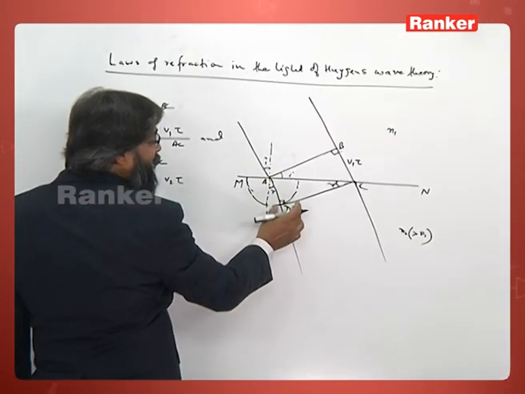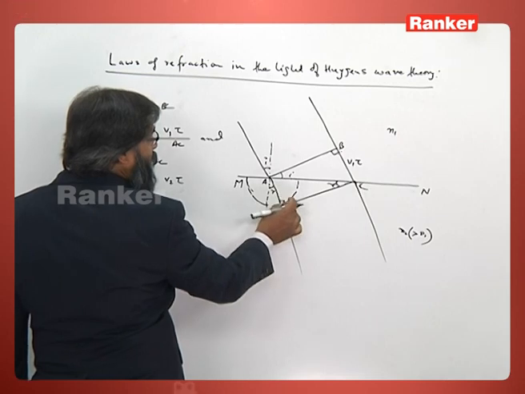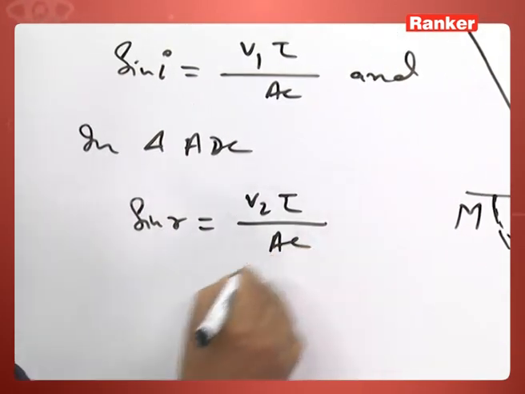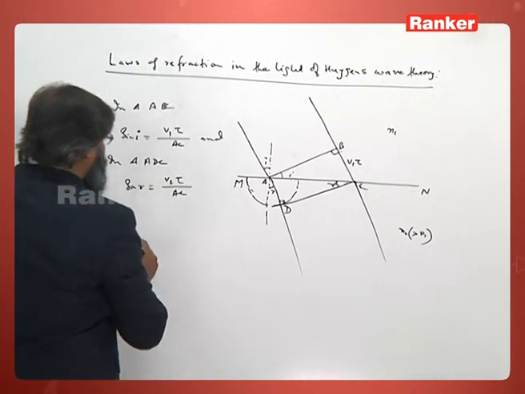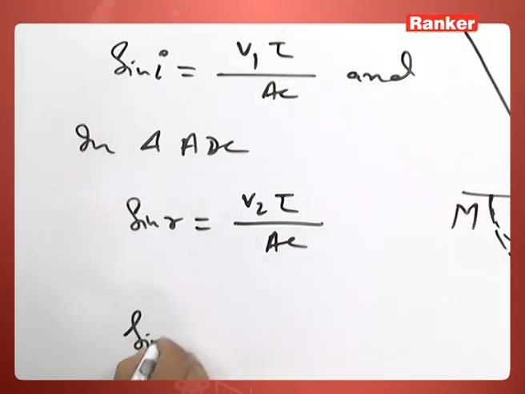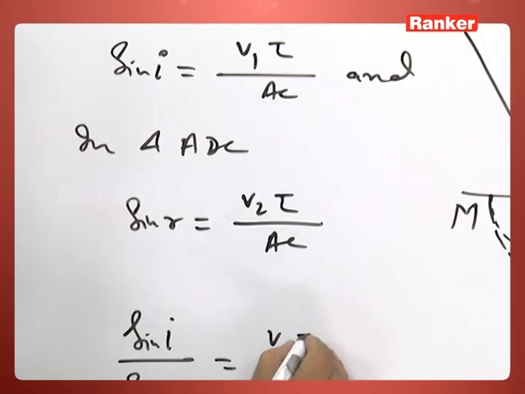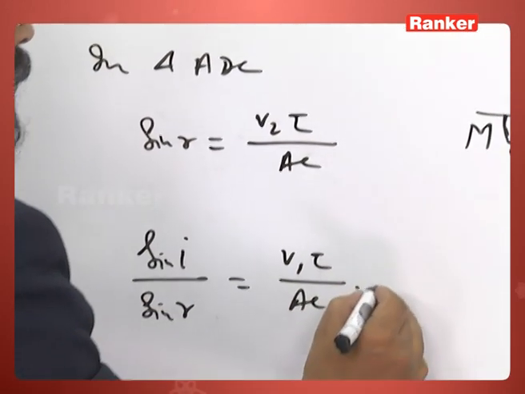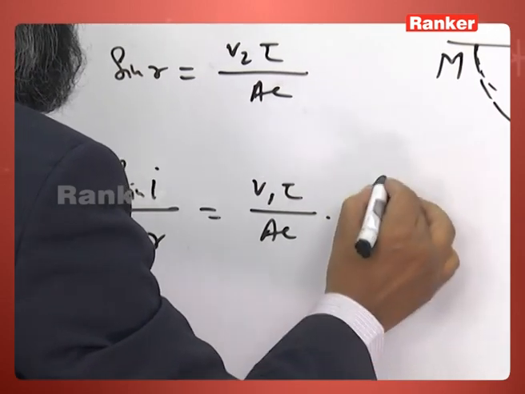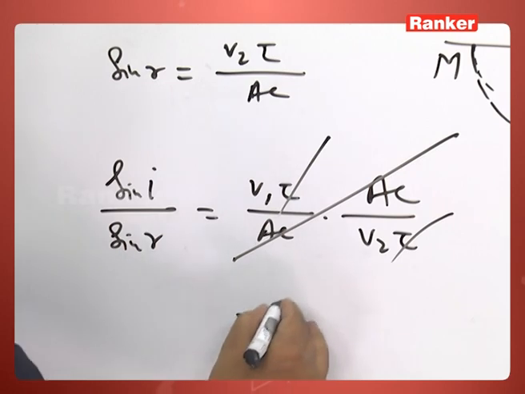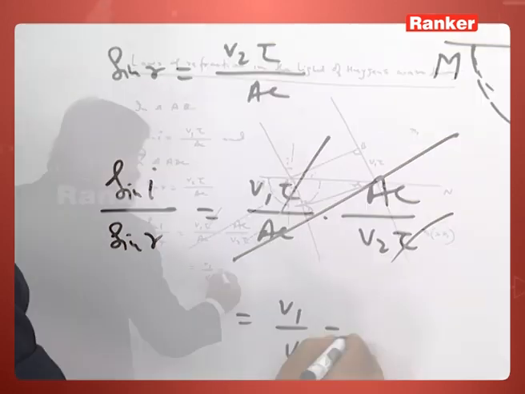This is the velocity in this medium, and in time tau it will move distance V2 tau. So sine R is V2 tau by AC. Now sin I by sin R gives V1 tau by AC divided by V2 tau by AC. AC cancels, tau cancels, giving V1 by V2.